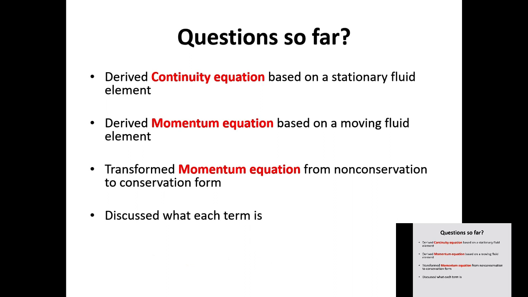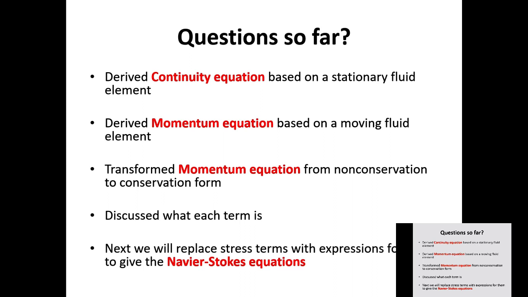Look at how these terms change with one another. Have a look at this, and try to understand this applied onto an element. And then we will replace the stress terms with an expression, and we will write the Navier-Stokes equation.